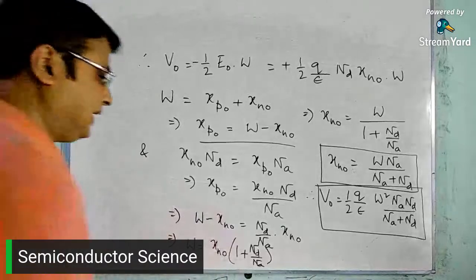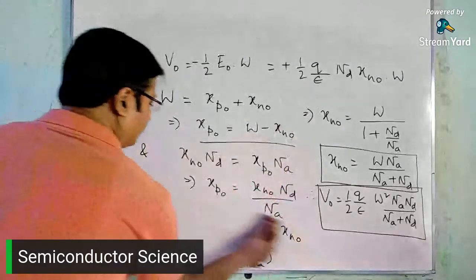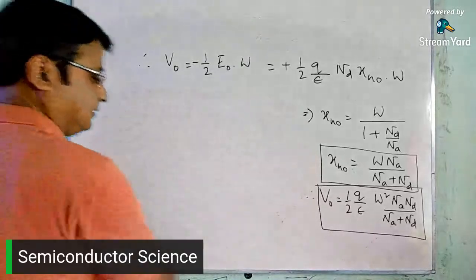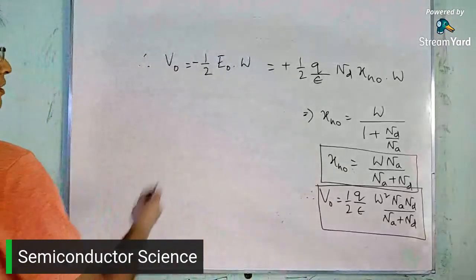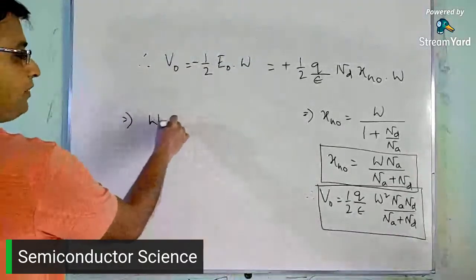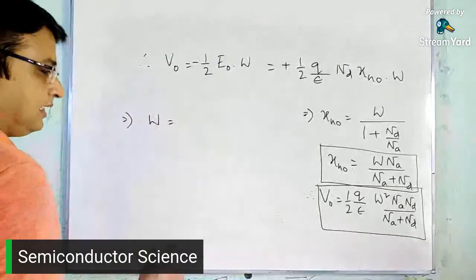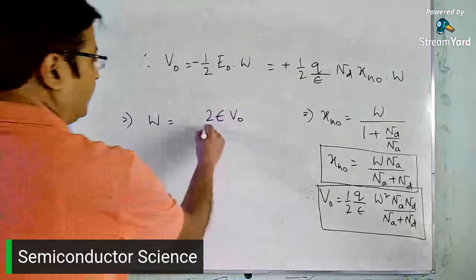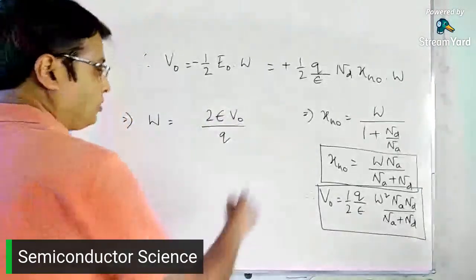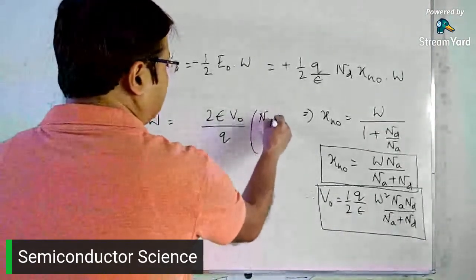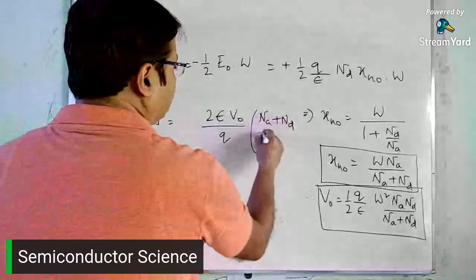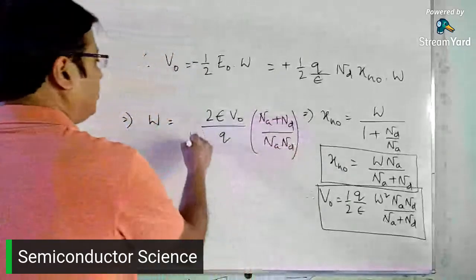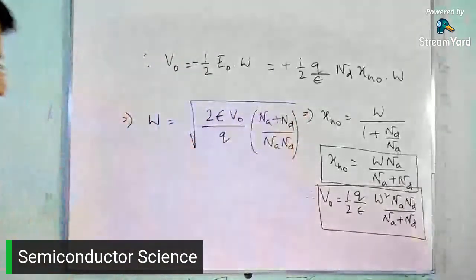So from this, W can be found as W equals twice epsilon V0 by Q into NA plus ND divided by NA ND, whole to the power half, or square root of this.